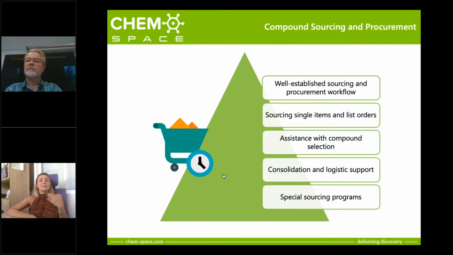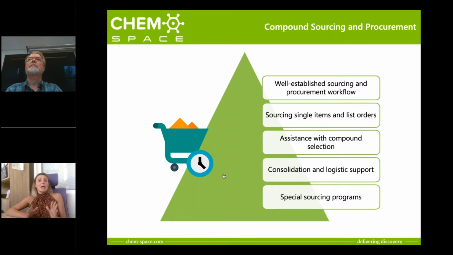We can source single molecules and we can source a list of compounds. More than that, we are always happy to assist with compound selection, so you can get an offer with a small number of suppliers, but still with good coverage and the best price. We also assist with formatting, consolidation, and customs clearance.